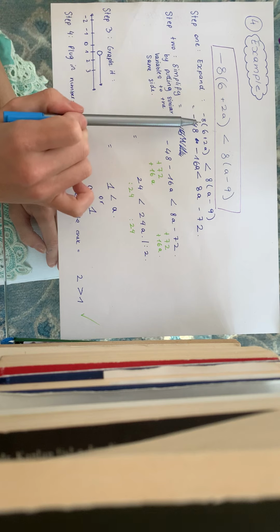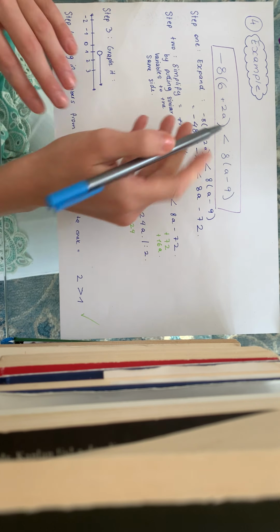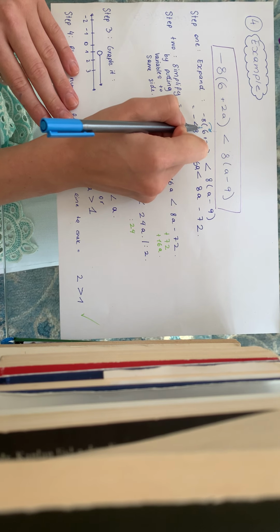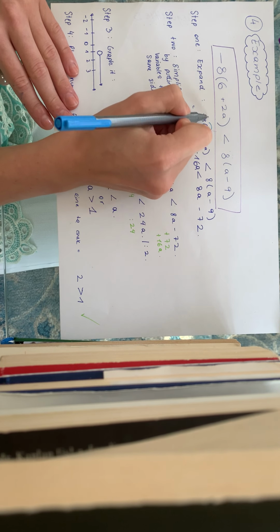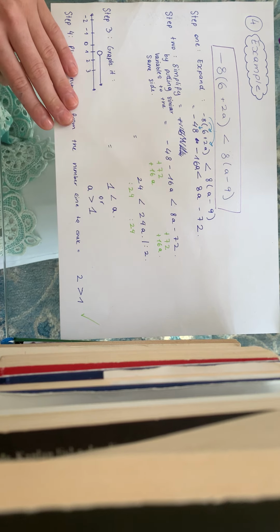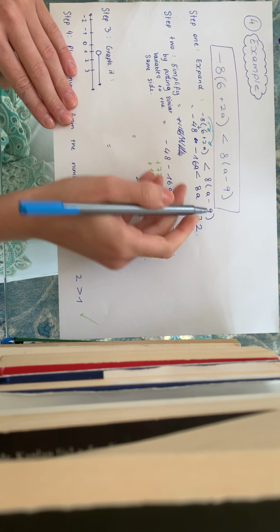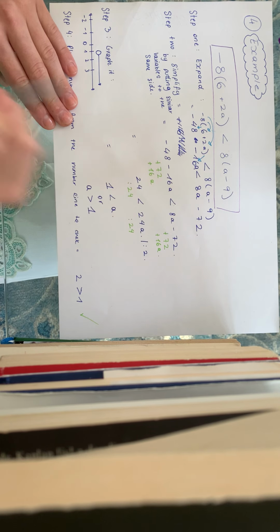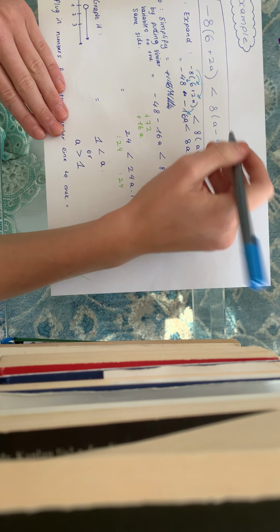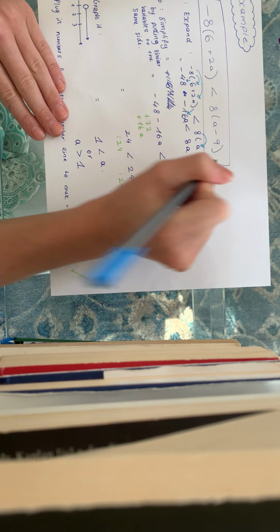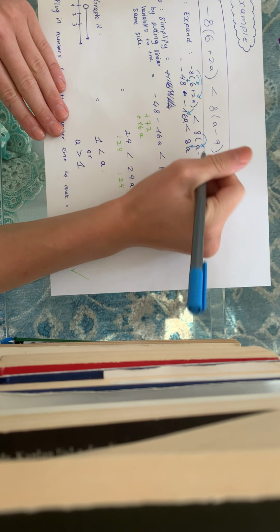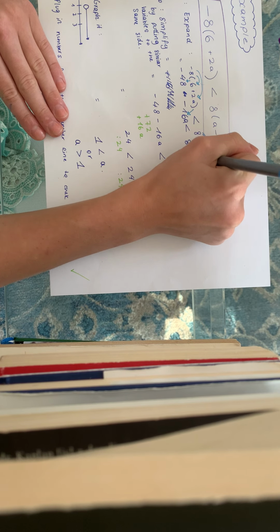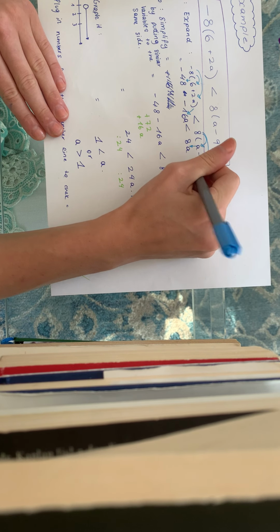And as you can see, I have done that. -8 times 6 is equal to -48. -8 times 2a is -16a. Then is less than 8 times a is 8a. 8 times -9 is -72.